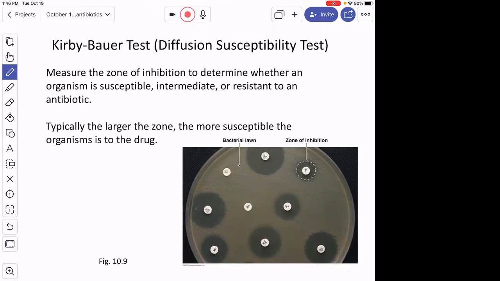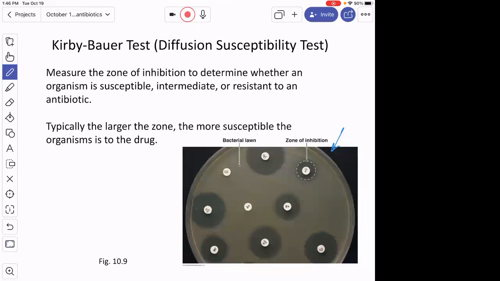So again, if you're not in lab, basically what you do, you take some media and you streak your organism on it that you're trying to see what antibiotics will work against it. So maybe you've got a patient in the hospital who's ill and the normal antibiotics aren't doing any good.